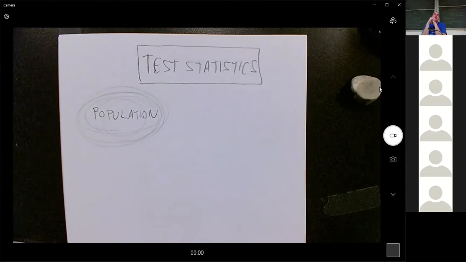So if you were interested in a factory that produced objects like ice cream, then your population will be all ice creams that could possibly be produced. And the things you're interested in are ice creams that have yet to be produced. And over in medicine, they may be interested in babies, but they're actually interested in all babies that could possibly be born. Your population, we talk about it as if it exists really, but it's not. Most of the time, the population doesn't exist yet. So we have to imagine all the things that could be.